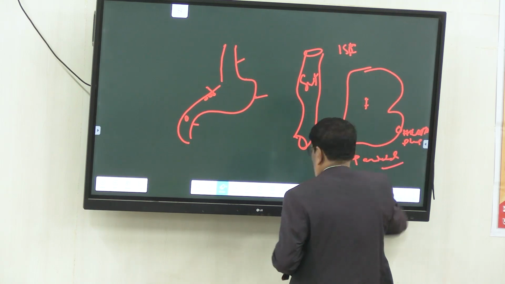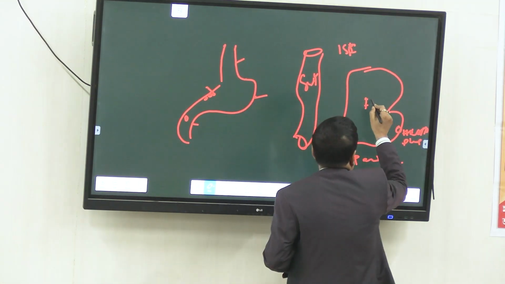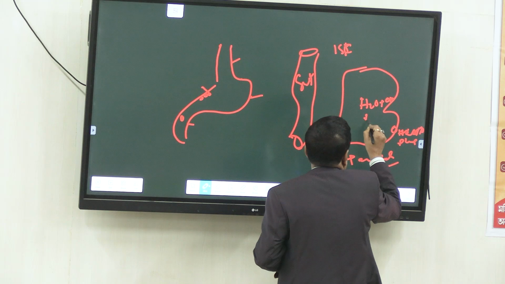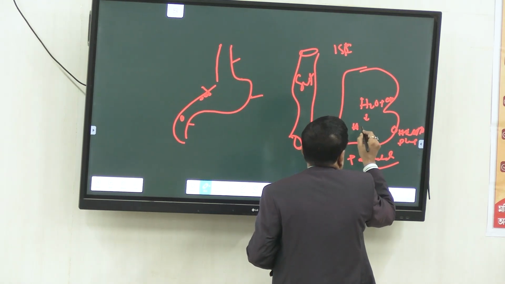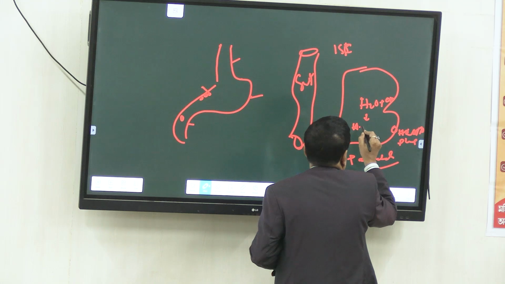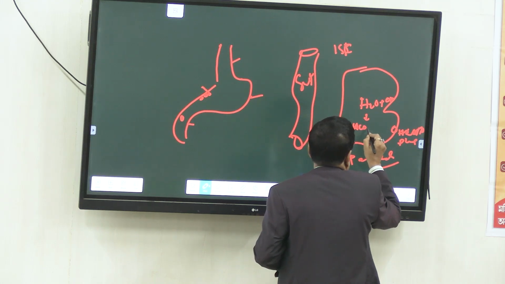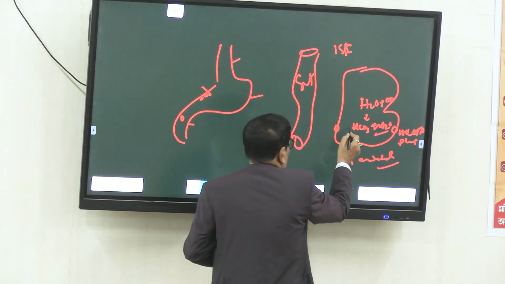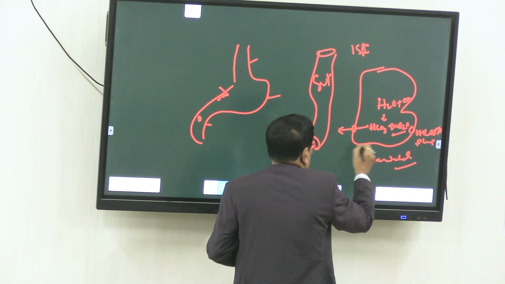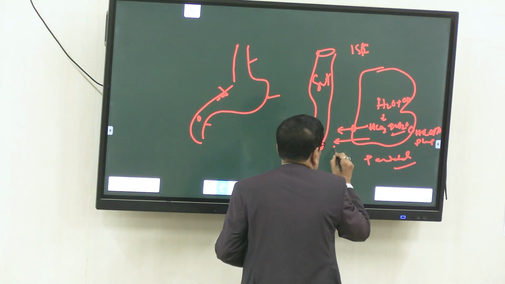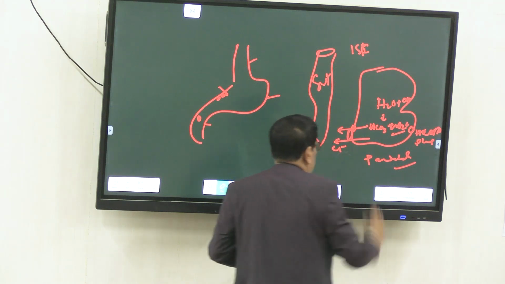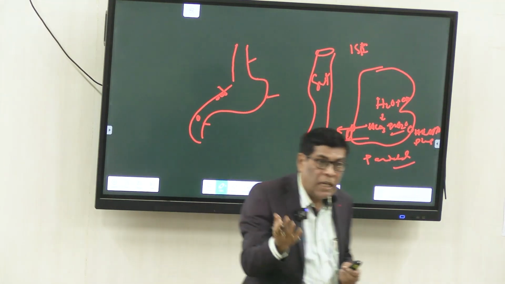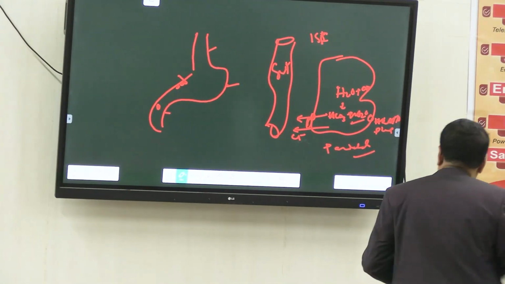This H2O plus carbon dioxide will produce carbonic acid, which gives bicarbonate and hydrogen ion. Alright, this bicarbonate will pass out, and chloride will enter from the interstitial fluid. So this is your bicarbonate-chloride exchanger in the membrane of the parietal cells.